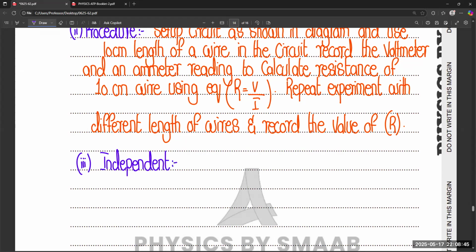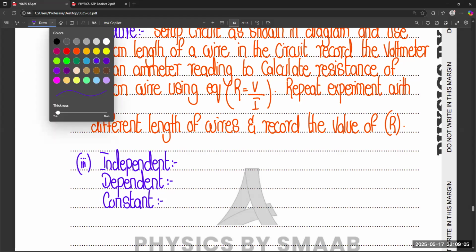So this is independent. Resistance is dependent. And the voltage of the power supply is constant. We are not changing the power supply voltage, that is the same.